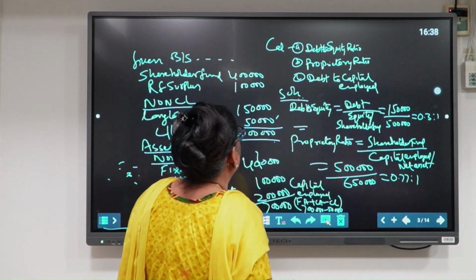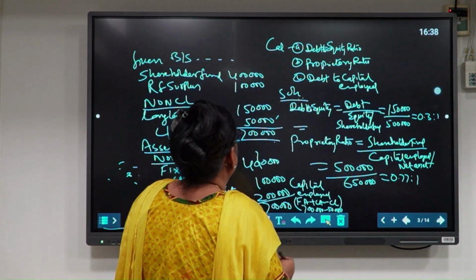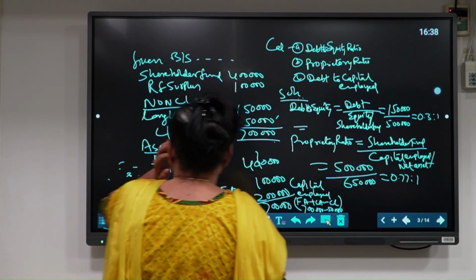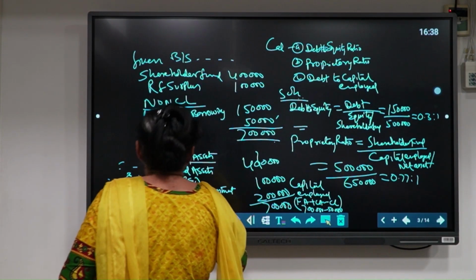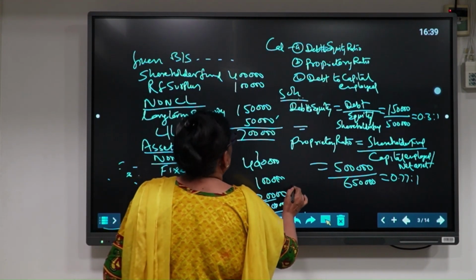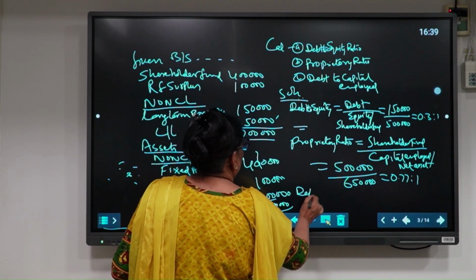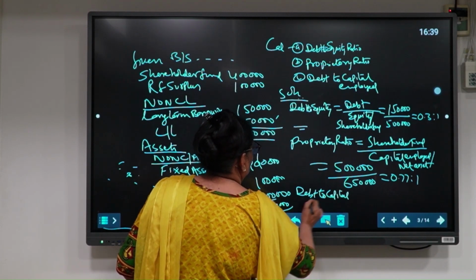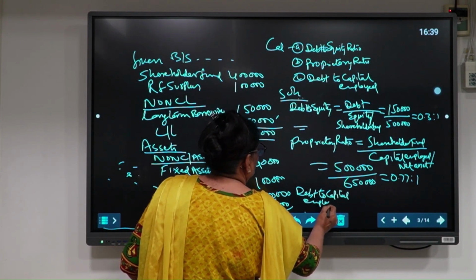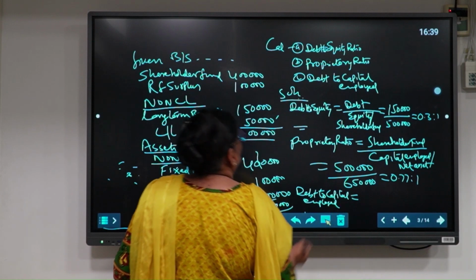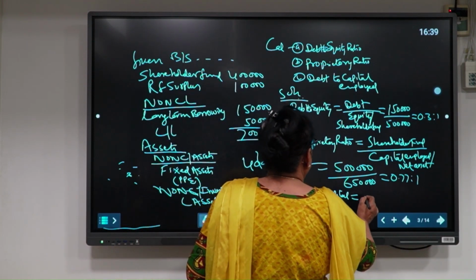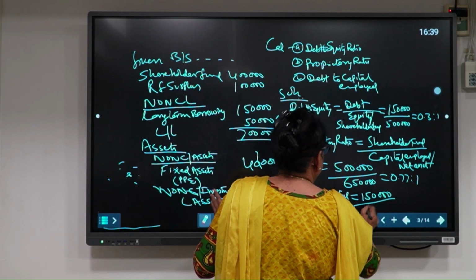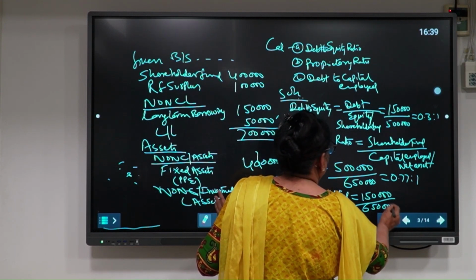Next ratio is debt to capital employed. Debts are how much? 1,50,000. So please see this. Now therefore, debt to capital employed. So here debt, we know, 1,50,000 divided by capital employed 6,50,000.